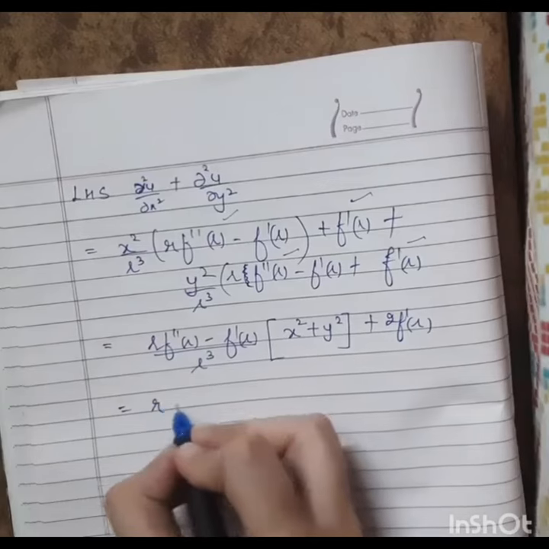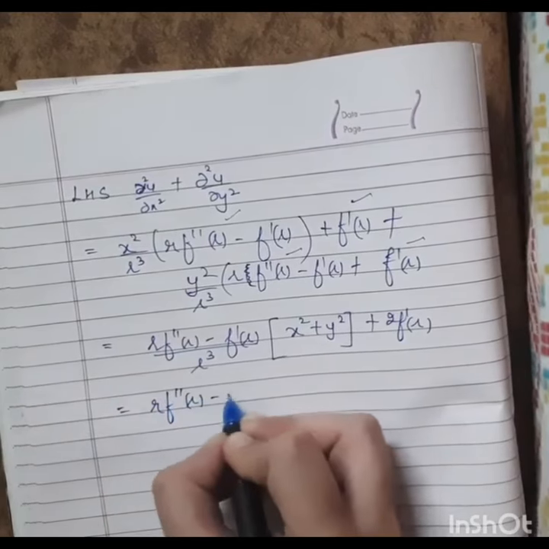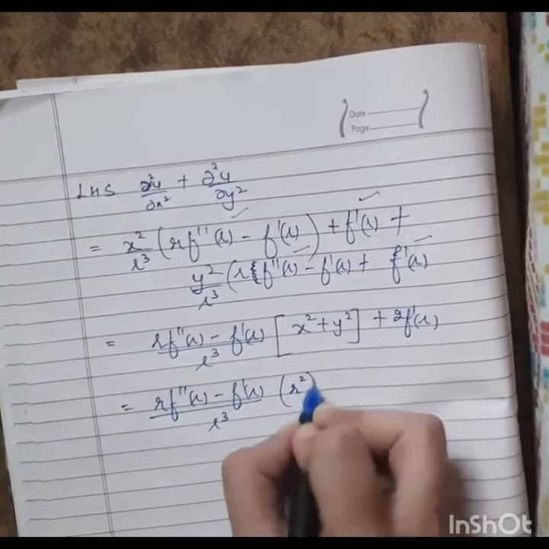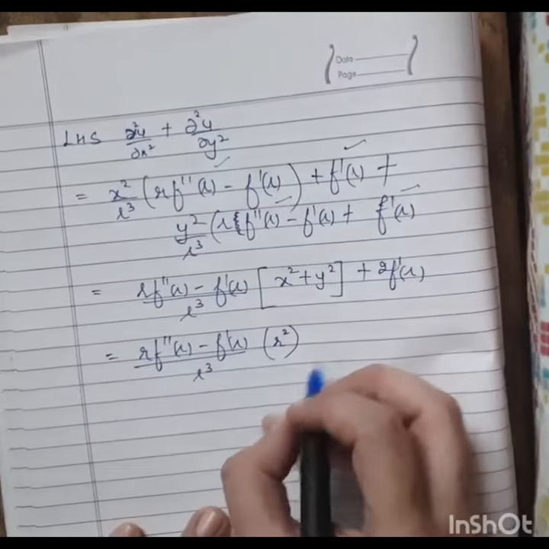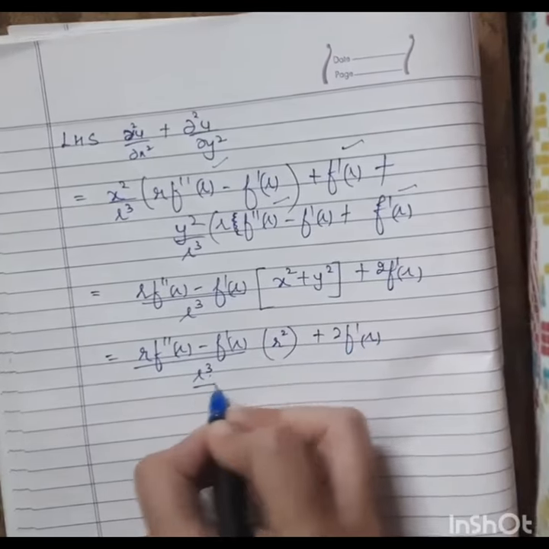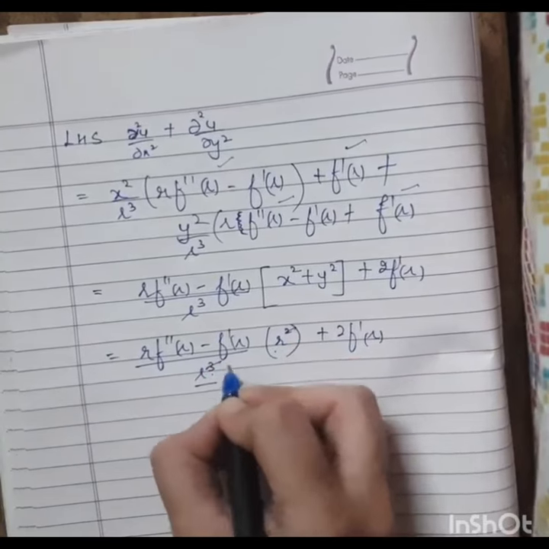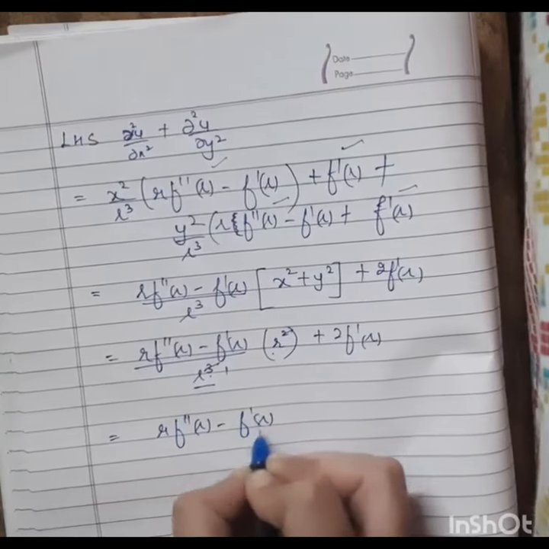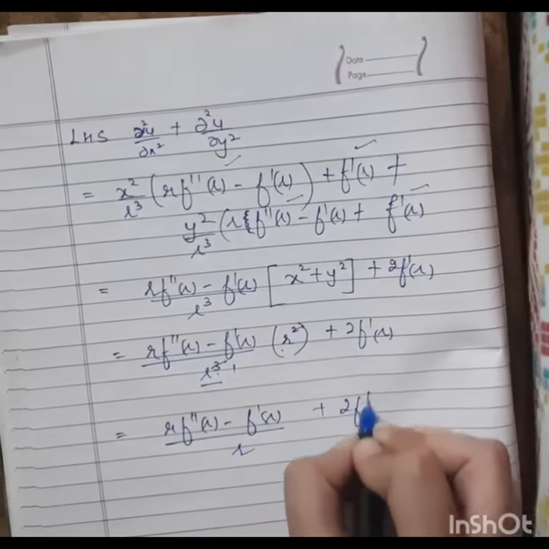Now this is (r f''(r) minus f'(r)) upon r³, and what is the value of x² plus y²? Recall, in the beginning it was given to be r². So this is r³ and this is r². Cancelling, I get 1 r here. So (r f''(r) minus f'(r)) upon r, plus 2 times.